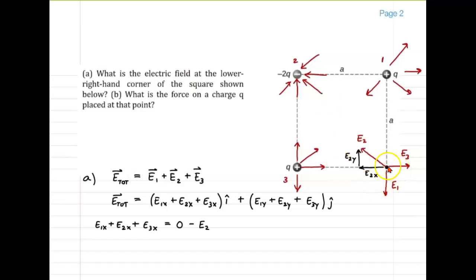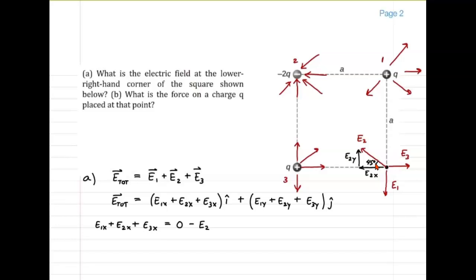Okay, now what do we mean? Well, if this was right here, theta, that would be the theta we're talking about. Of course, this is a square, so this angle will be 45 degrees.